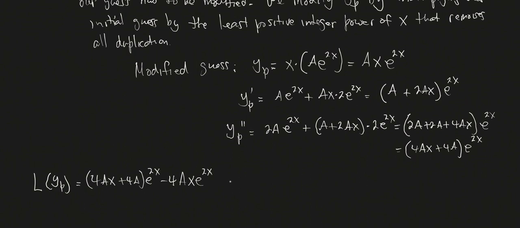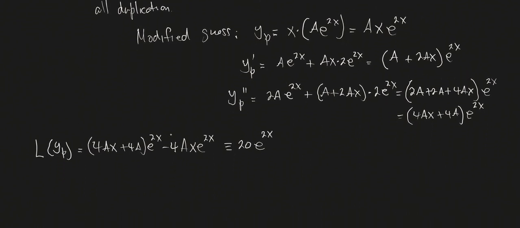And the problem says that the output has to be 20 e to the 2x. So that's what we want the output to be. So let's see if we can determine what a is.